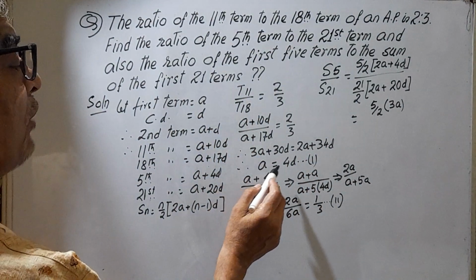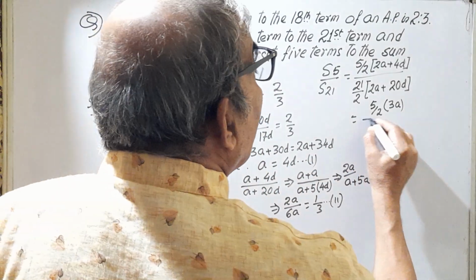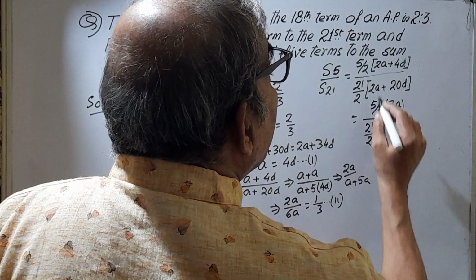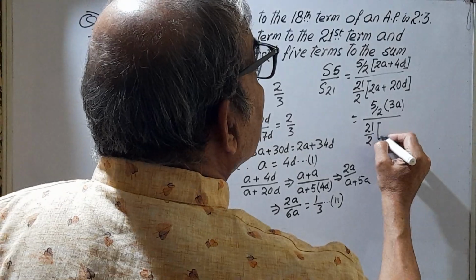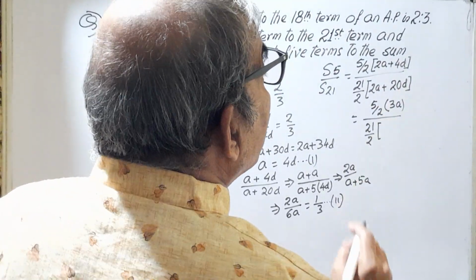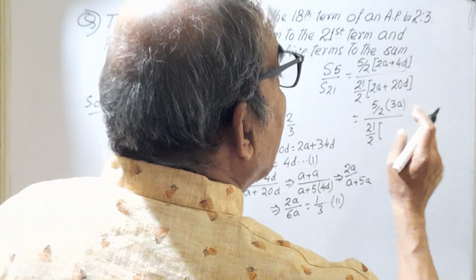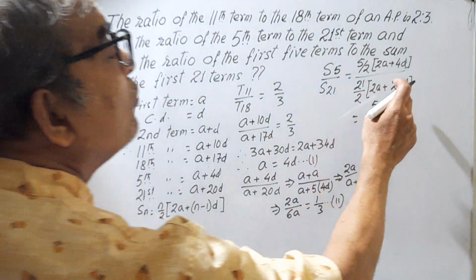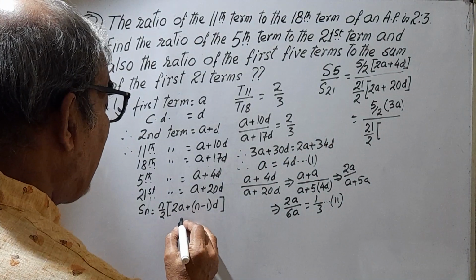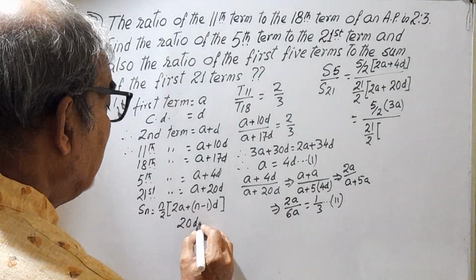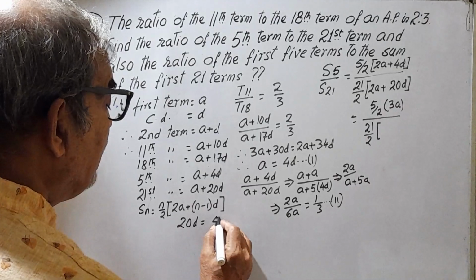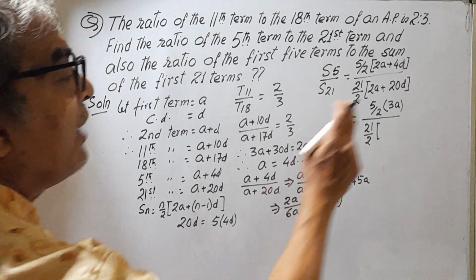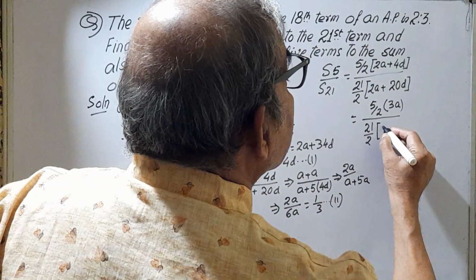And now it is 21 by 2 into 2a plus 5 into 4d, that is 5a, so 2a plus 5a is 7a. I can write 20d equal to 5 into 4d, and 4d equal to a, so 5a. Simply 7a.